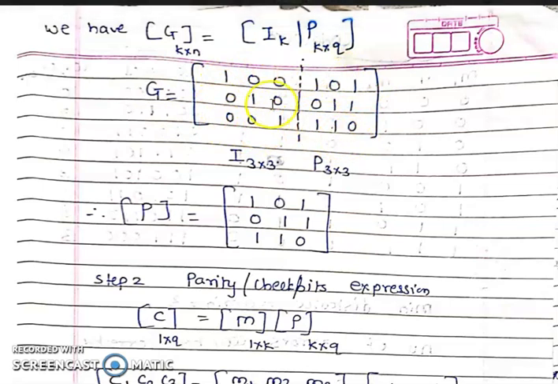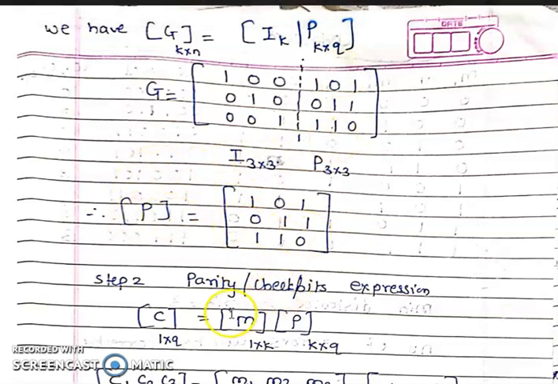You can see the identity matrix has 1s along the diagonal and the remaining entries are 0. So we can identify the identity matrix, which is 3 into 3 as the value of K, the message bit, is 3. This is followed by the parity matrix, which is K into Q. The K value is 3 and the Q value is also 3. So this is the parity matrix.